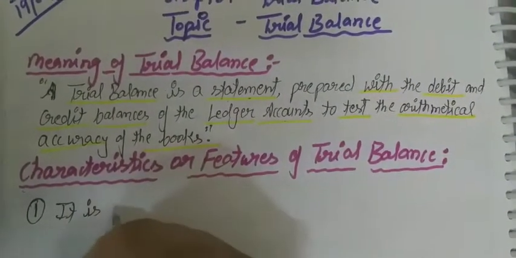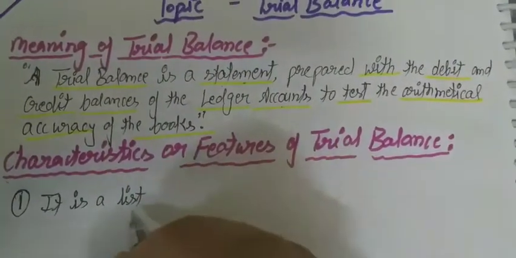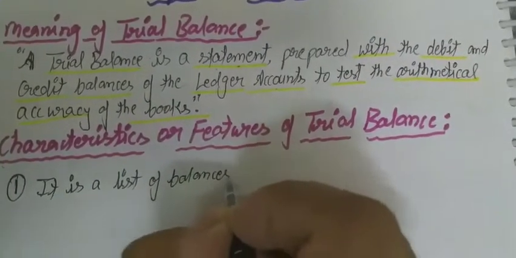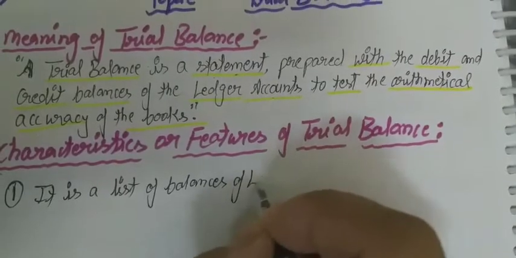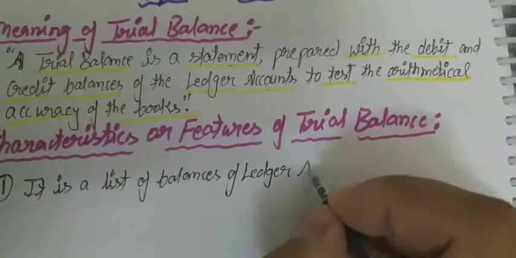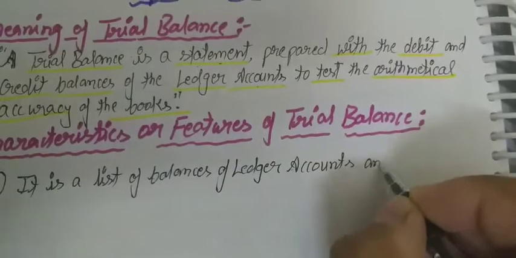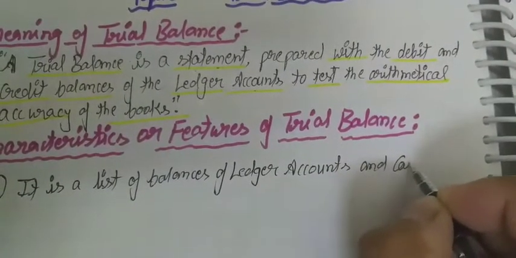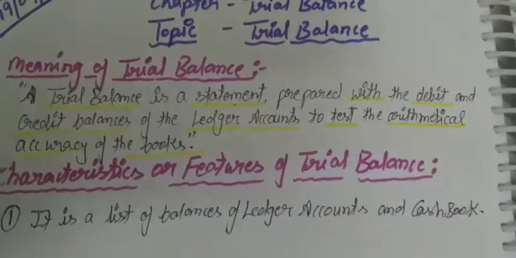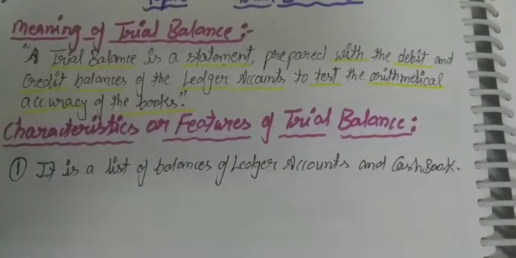It is a list or statement of balances of ledger accounts and cash book.